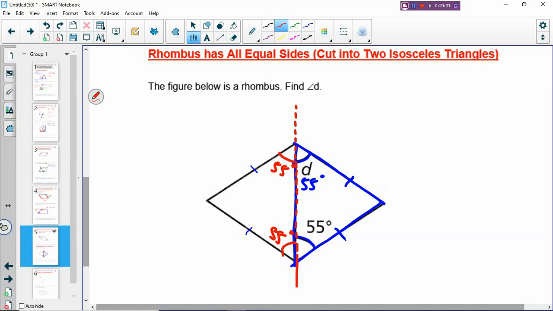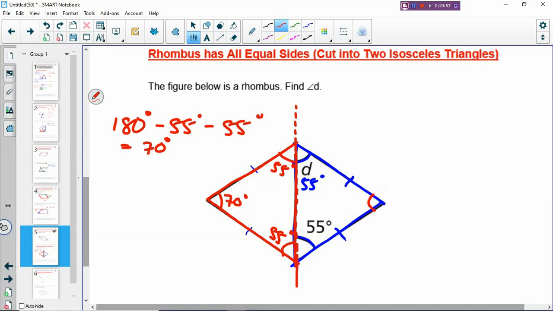And of course, if I want to find this angle, how do I find that? You find the sum of angles in this triangle. So the sum of angles in the triangle is 180 minus 55, and you minus 55 again, and you will get 70 degrees. And because the rhombus is cut into half, you have the other triangle that's also identical.